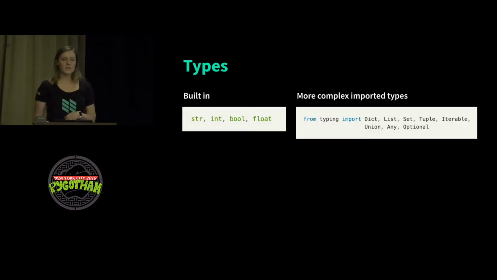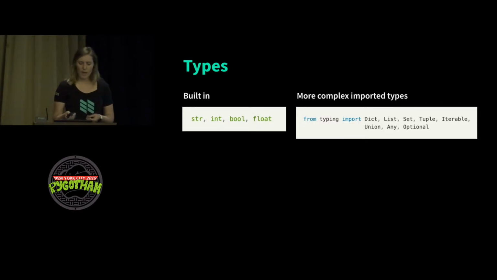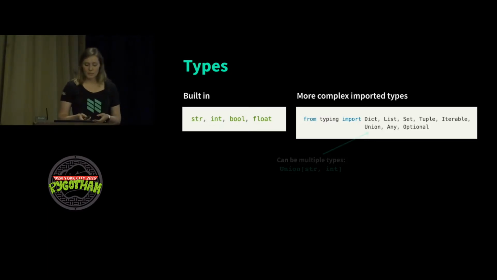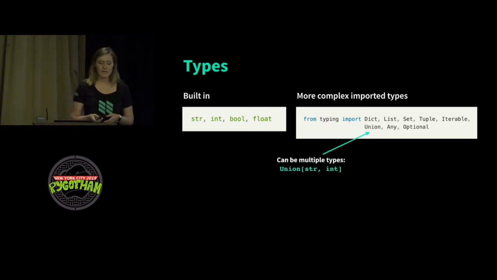The types you can use in your type annotations include the built-in types in Python, like str, int, bool, float, and then also you can import more complex types from the typing module, like dict, list, set, tuple, iterable, which are Python data structures. Plus Union, which can be multiple types.